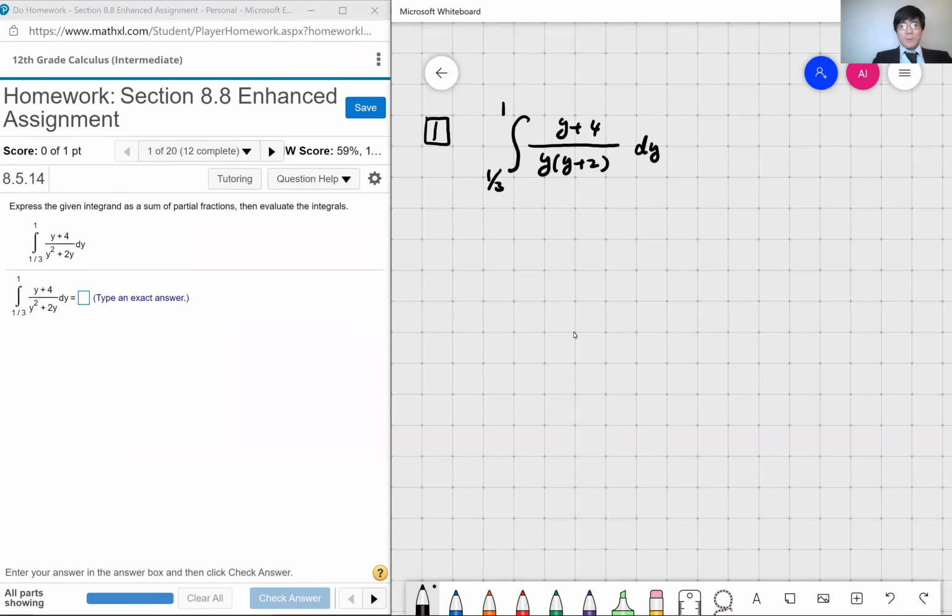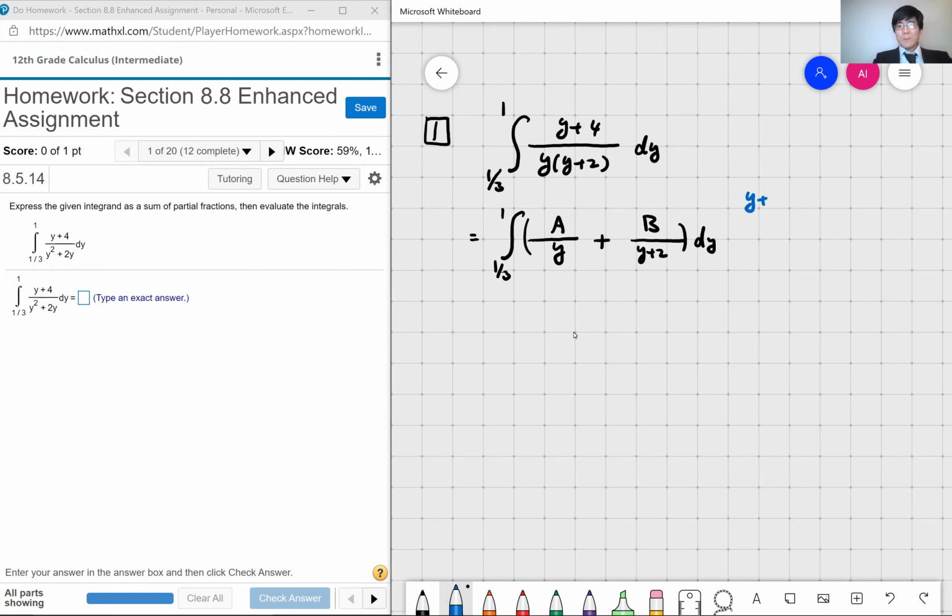So this is a proper fraction. So we can split the fraction into two pieces, y something and y plus 2 something. So let's use the partial fraction decomposition technique.